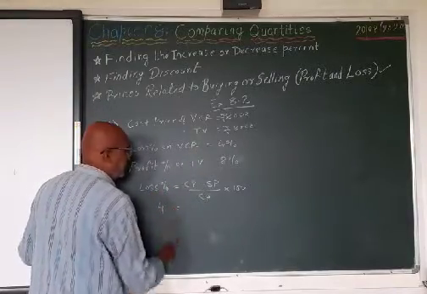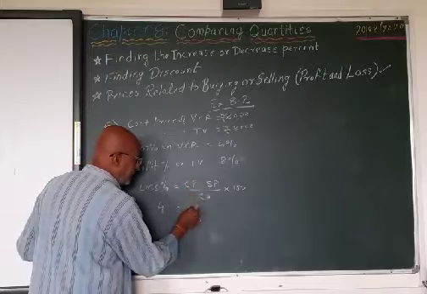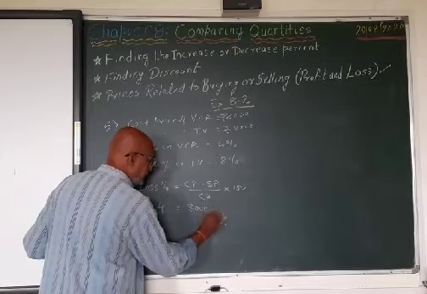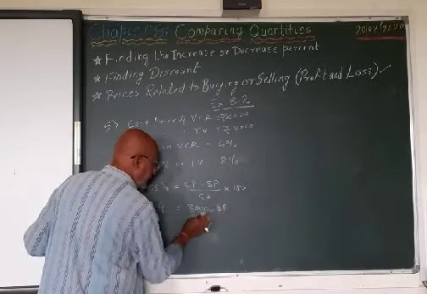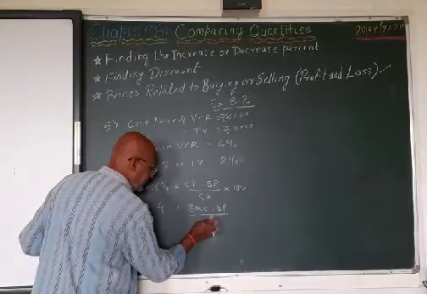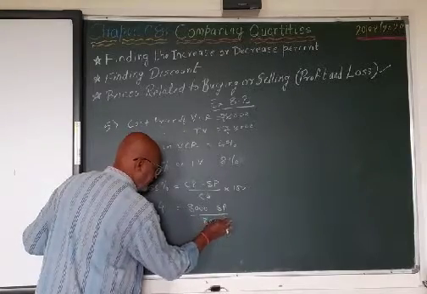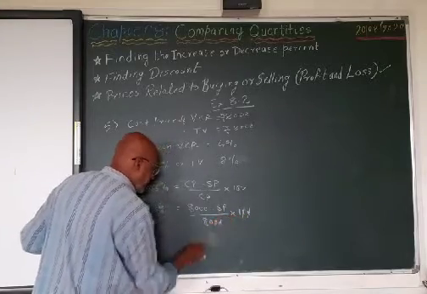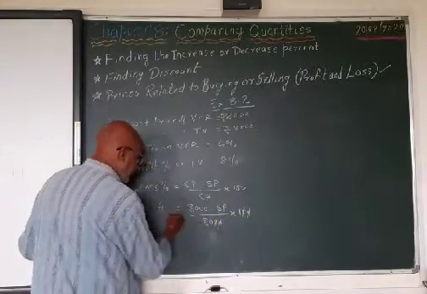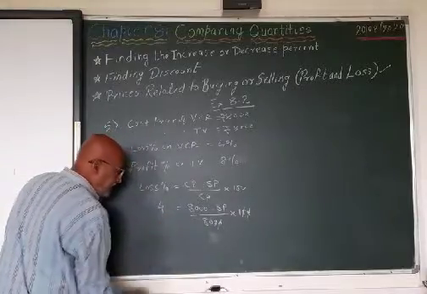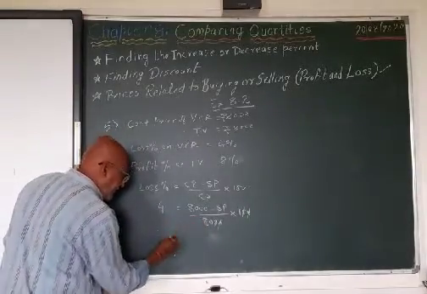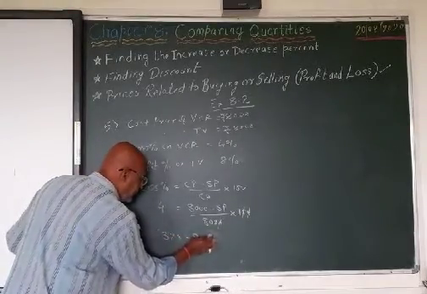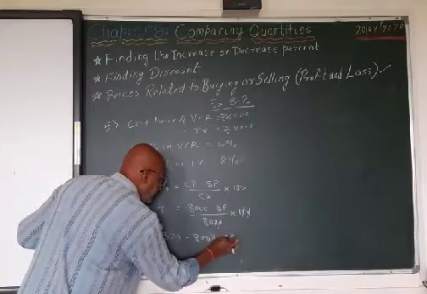So 4 equal to cost price, which is 8,000, minus selling price, which we don't know, upon cost price, that is 8,000 again, multiplied by 100. Therefore, what we get here? 4 into 80 is 320 equal to 8,000 minus SP.